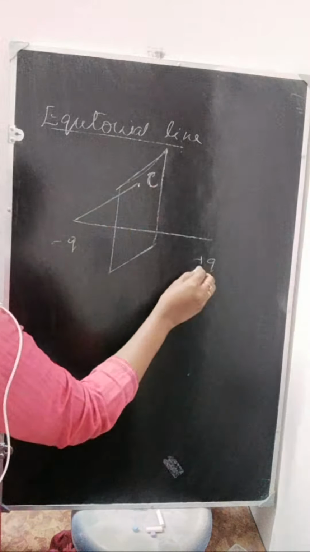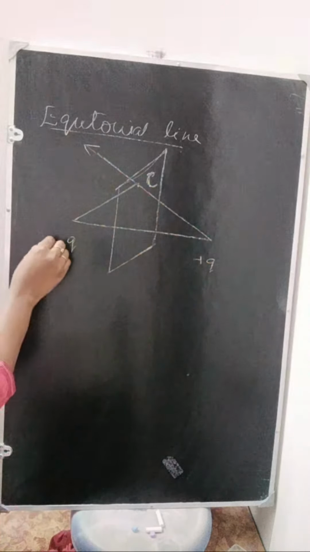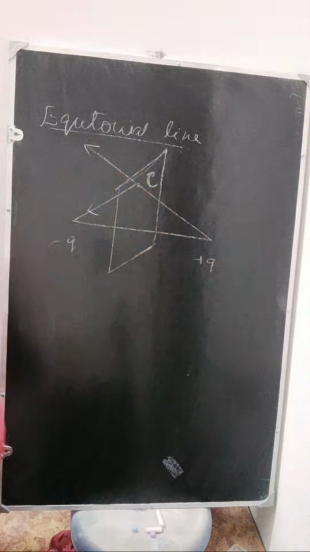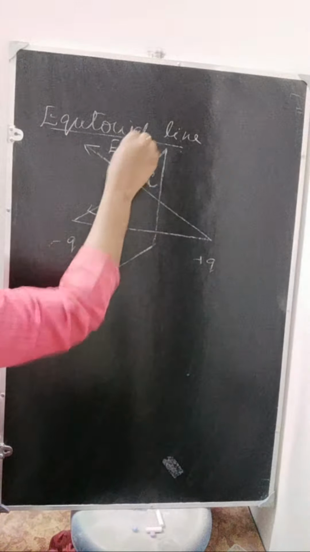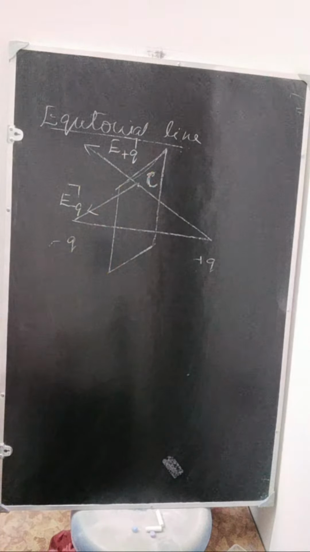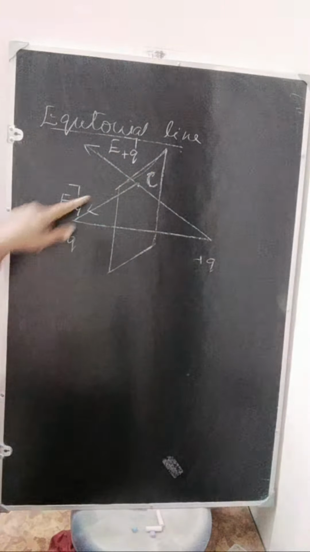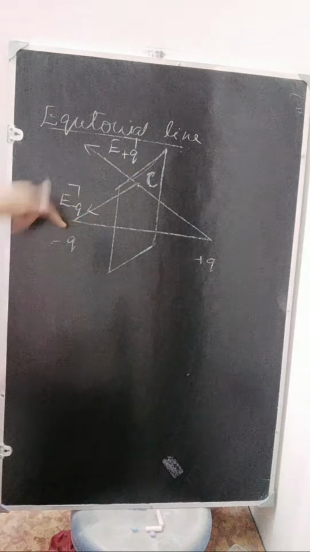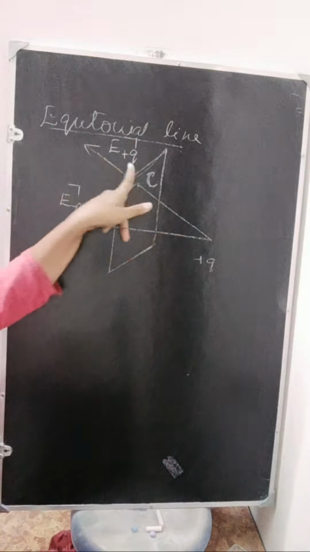As already said, this is a plus q, so the electric field will point away from it, and this is a minus q, so the electric field will point towards the charge. So this is E plus q vector and this is E minus q vector. E plus q vector will get away from the positive charge, E minus q will get towards the charge.